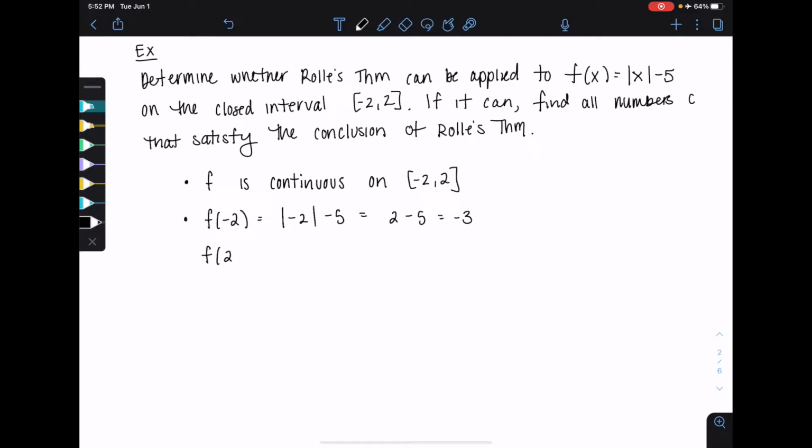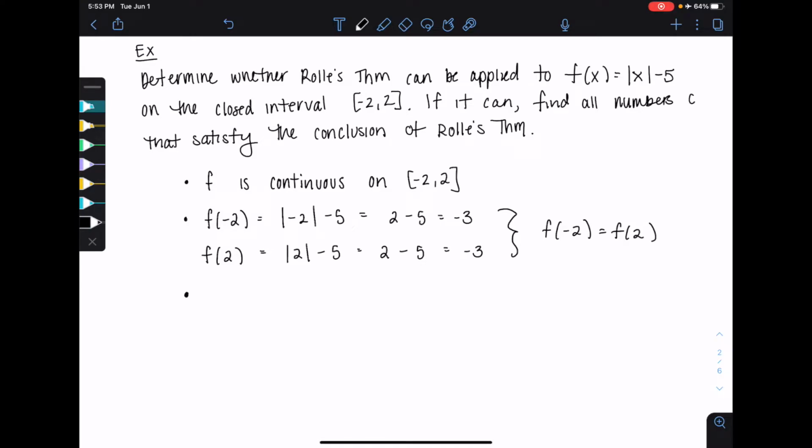If you plug in positive 2, it's the absolute value of 2 minus 5, or negative 3. So those two do satisfy that the endpoints of the interval are equal to each other.